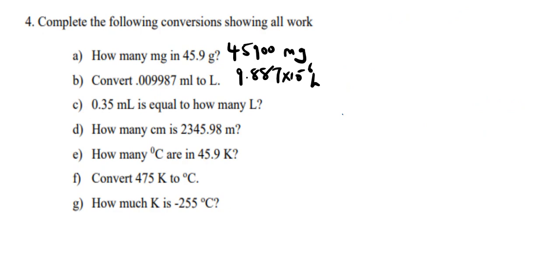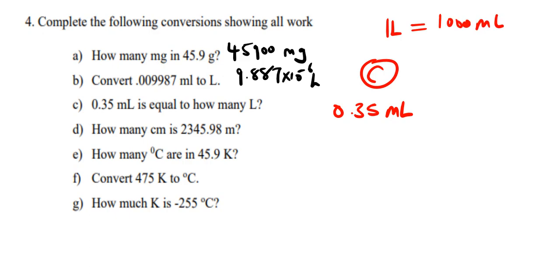Let's solve 3. For C we have 0.35 mils is equal to how many liters? So even this one we're converting to liters, and we said 1 liter is just equal to 1000 milliliters. So what are we going to do? Same thing. So we are saying 1000 milliliters is equivalent to 1 liter.